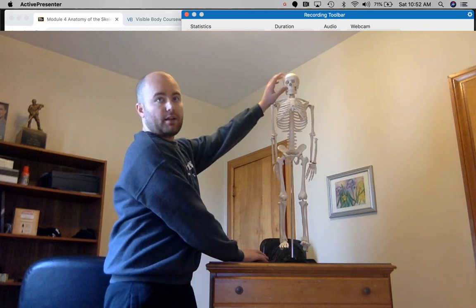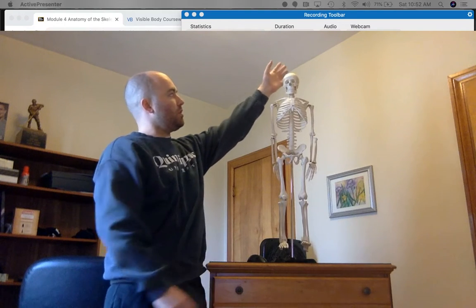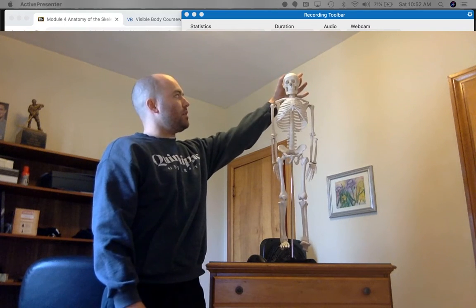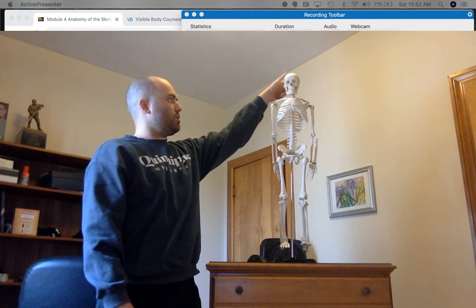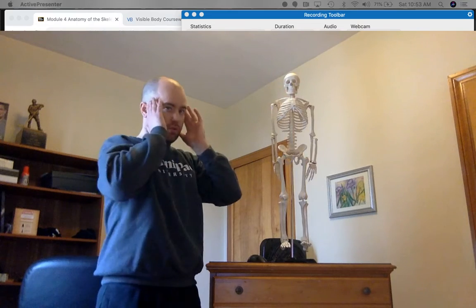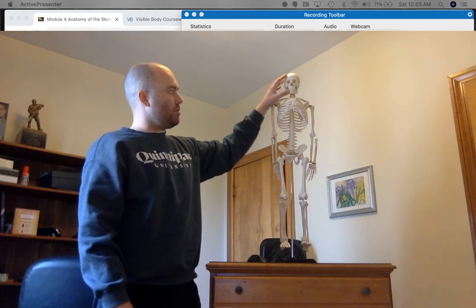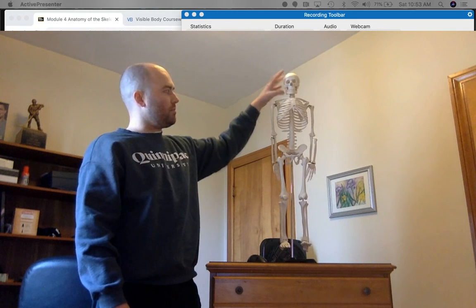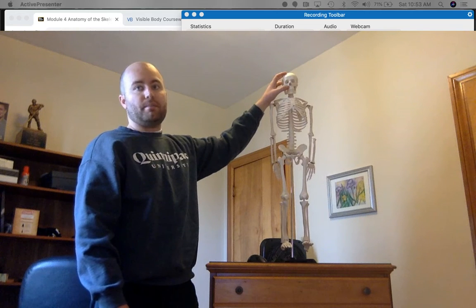So starting up top in the skull, we have the frontal bone, laterally and superiorly the parietal bone, posteriorly the occipital bone, and then inferior but still lateral is the temporal bone, so where the temple is. Front of the skull, we have the bottom jaw, called the mandible, and then the upper jaw is the maxilla.